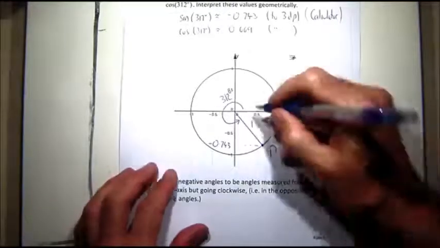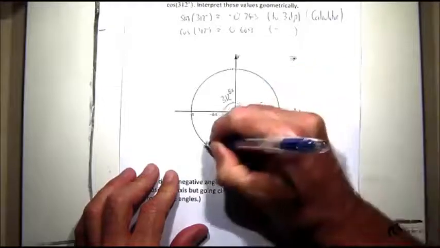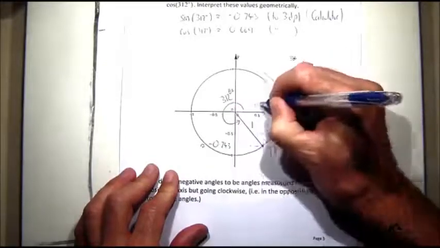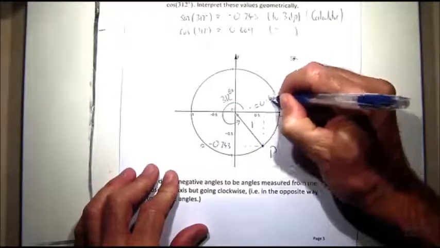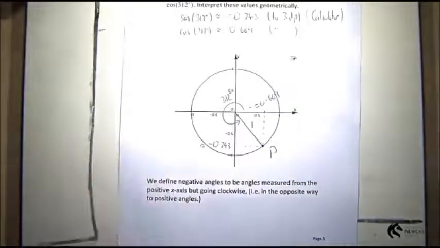Likewise, the x-coordinate up here is approximately 0.669, the x-coordinate of P. That's our interpretation of those values, the y and x coordinates of the point P on the unit circle.